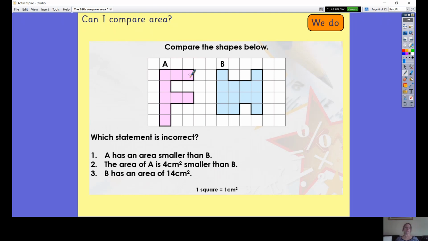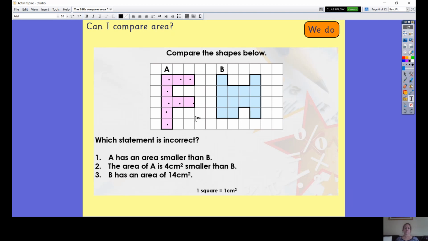Okay, so let's do it together. 1, 2, 3, 4, 5, 6, 7, 8, 9. So this one has an area of 9, and I'm going to write that down rather than try and hold it in my head because I will forget otherwise.